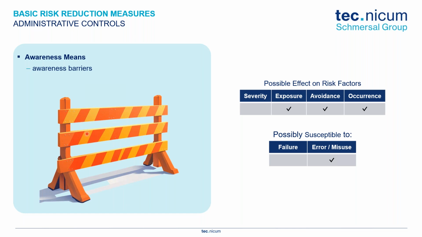And just like we did for the other risk reduction measures, we'll go quickly to look at these awareness barriers. What can this possibly affect from our risk factors? Exposure, avoidance, and occurrence with the proper implemented barrier. So not the yellow safety chain that says do not enter; we're not talking about those. And again, even if we look at this 10,000-foot view and say awareness means we can check these boxes, sounds great.